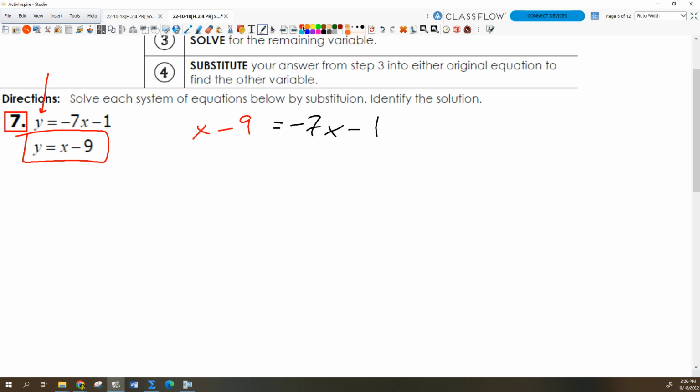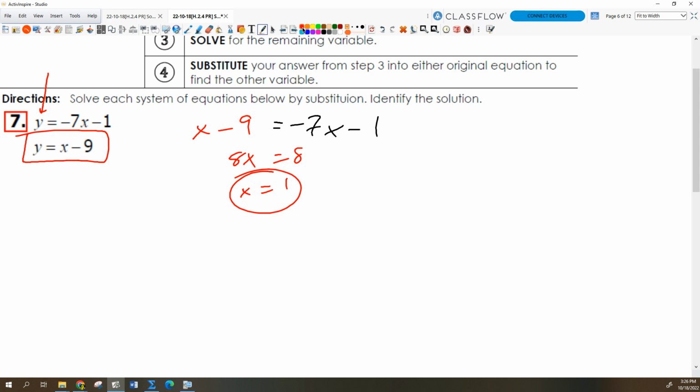So solve that for me. What do you get? Solve that in your head. What do you get? One. Yeah, if I push the x's to this side, I get 8x. If I add 9 over here, I get 8. So x equals 1. Am I done?